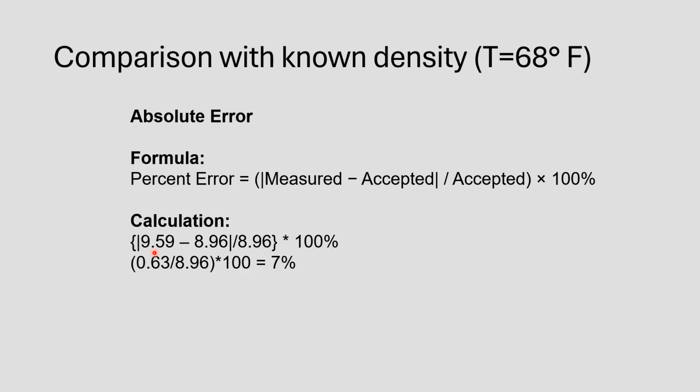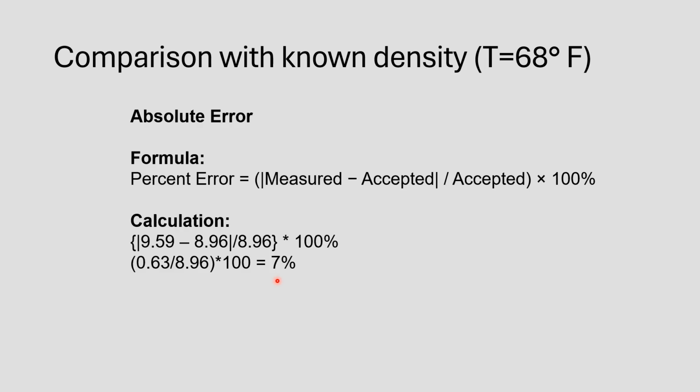Our measured density of 9.59 minus the textbook value of 8.96, divided by 8.96, times 100. The difference is 0.63 divided by 8.96 times 100. The units go away, since grams per cubic centimeter on top is divided by grams per cubic centimeter on the bottom, so it's dimensionless. We get a 7% error, which to me seemed a little high.